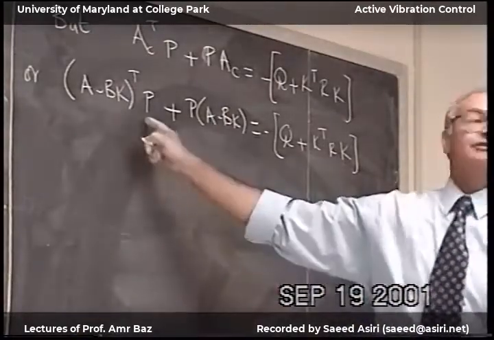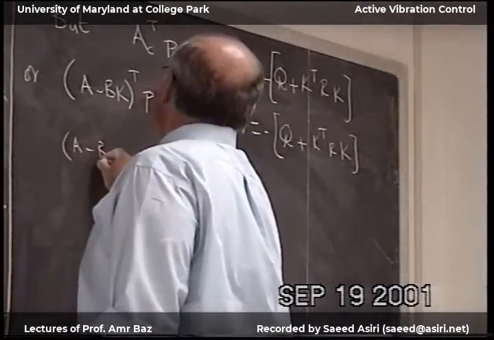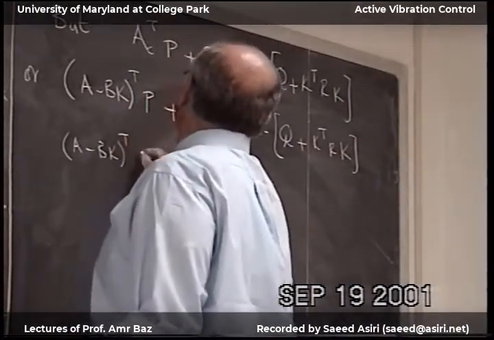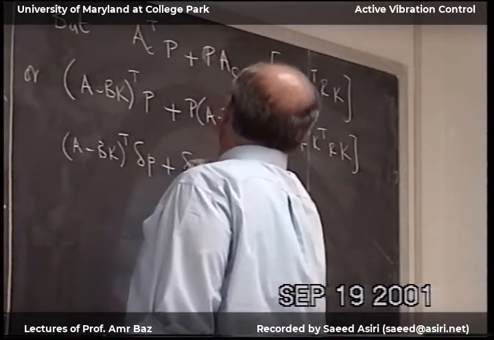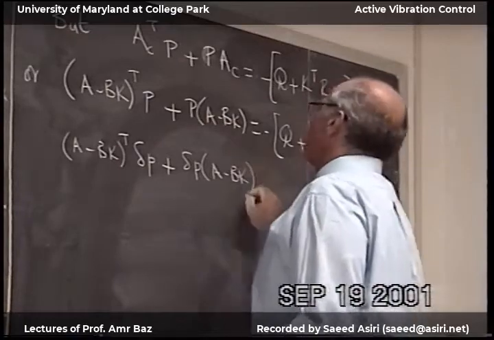I have two functions. I'm going to differentiate them. So I'm going to get the first, A minus BK transpose del P plus del P A minus BK.